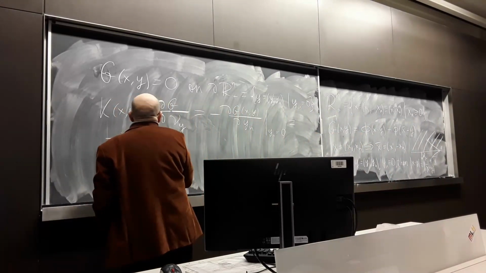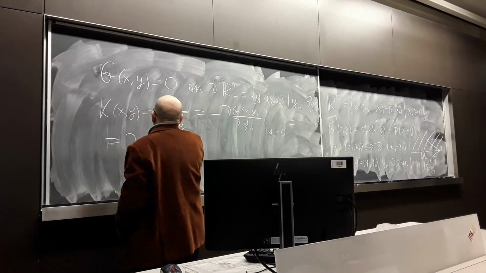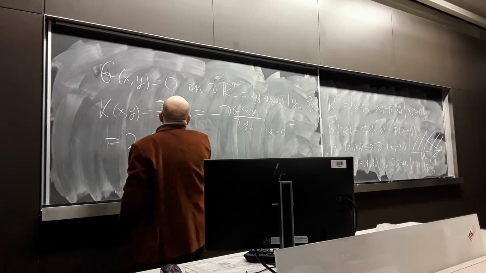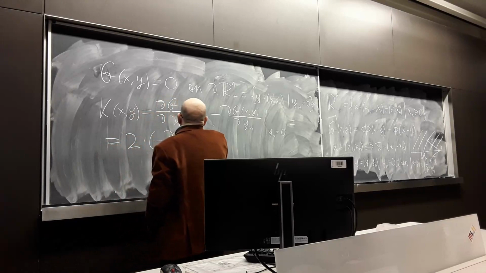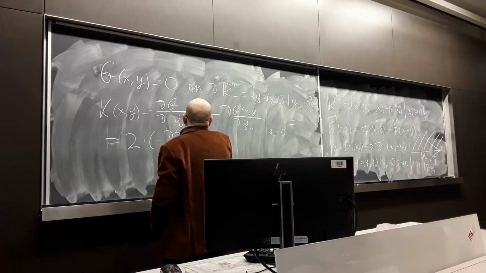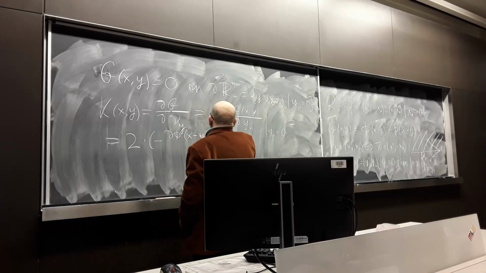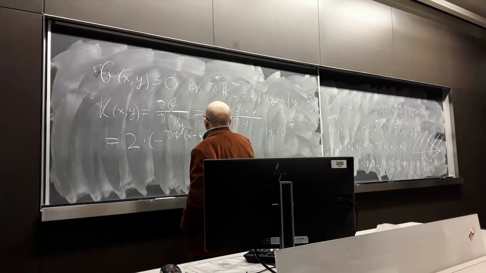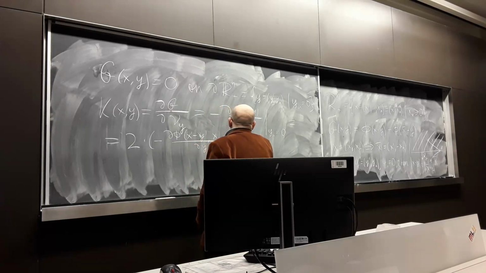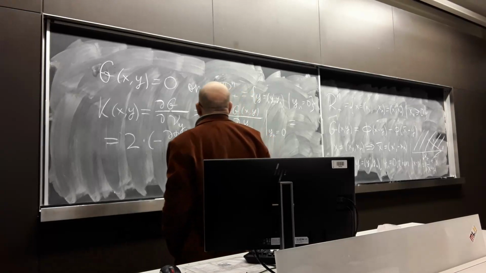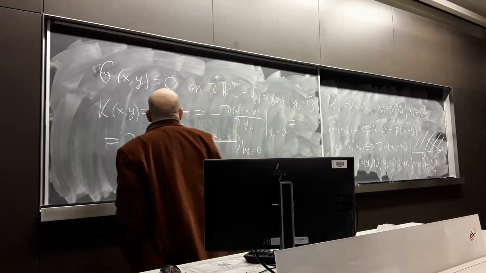And so it is two times minus d phi of x prime minus y prime, x n minus y n, over d y n, at y n equals 0. Now let us substitute. What is this?